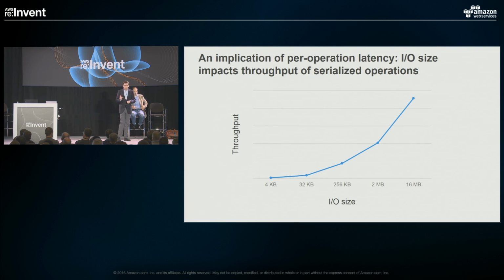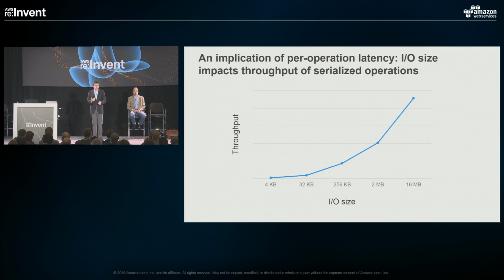Tied to this per operation latency, the overall throughput that you can achieve when you are doing a sequence of operations in serial across EFS is tied to the size of the operation that you're driving. If you're doing a read or a write of a bigger piece of data, that latency is amortized over a larger amount of data.